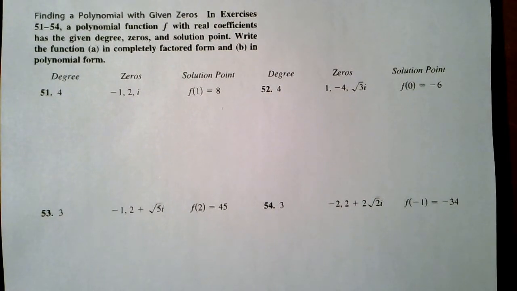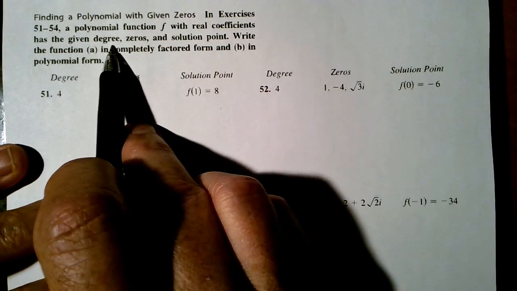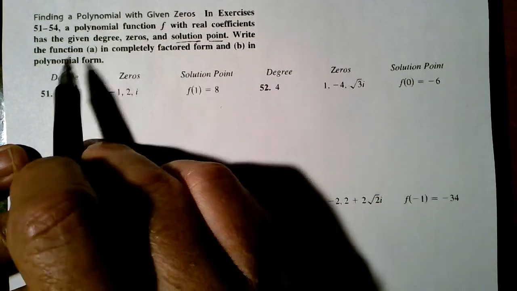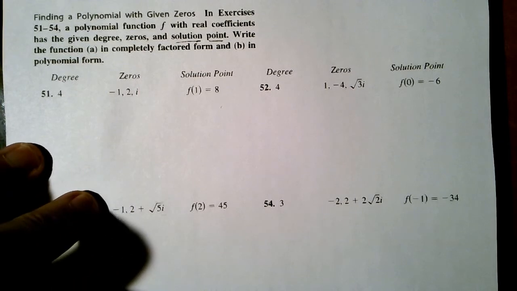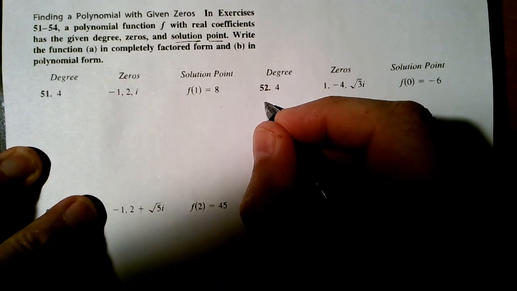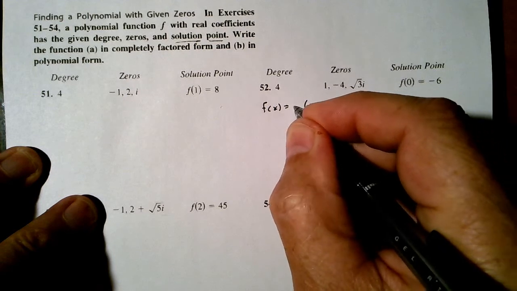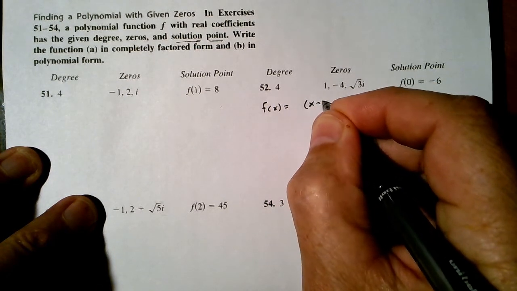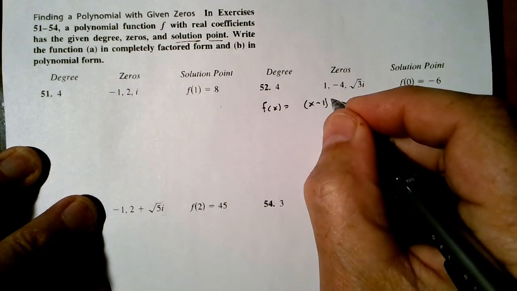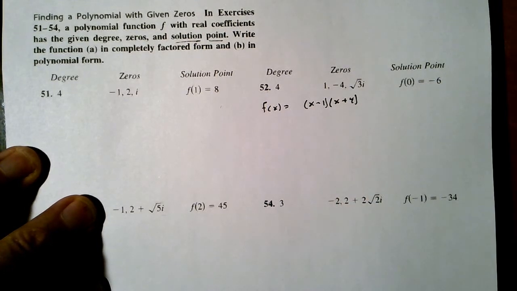In 51 through 54, a polynomial function f with real coefficients has given degree, zeros, and a solution point. Write the function in completely factored form and in polynomial form. So here we go. 4th degree, f of x equals, if 1 is a 0, I left a space here on purpose, x minus 1 is a factor. If negative 4 is a 0, x minus negative 4 or x plus 4 is a factor.